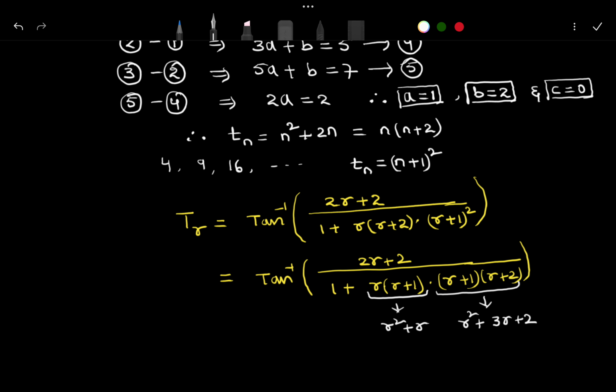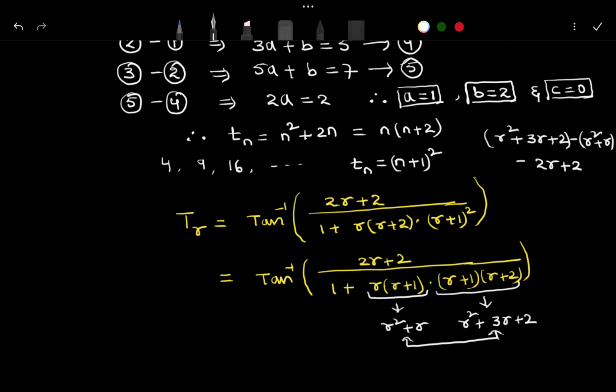Now by observing the difference of these two, r square plus 3r plus 2 minus r square plus r, we get 2r plus 2.